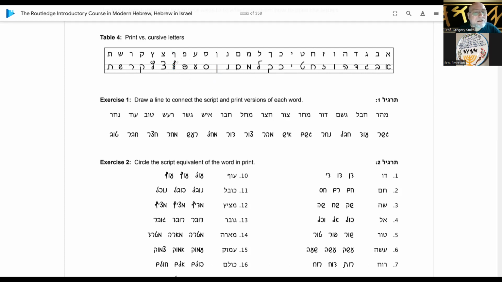Maybe I should start here and go up like this. Yeah, that's working out a little better. Face of feet. Okay, that's pretty close.